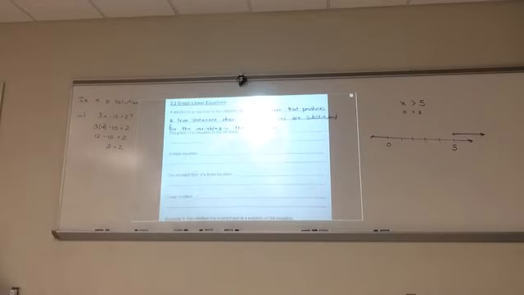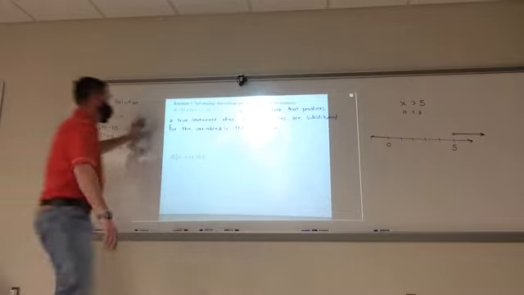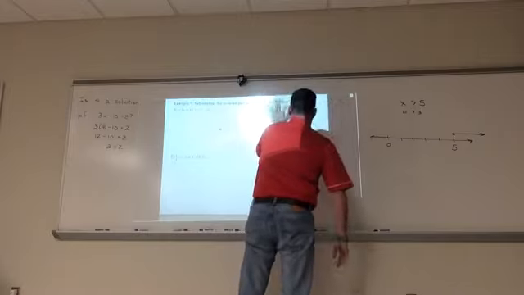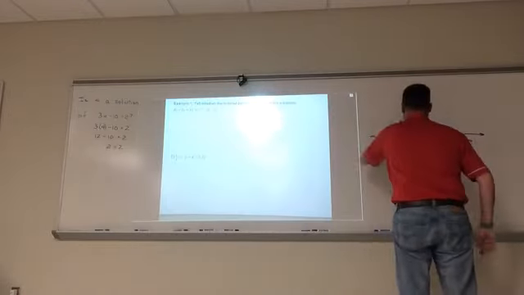So, let's slide right down to example number 1. Okay? So in example number 1, it asks, tell whether the ordered pair is a solution of the equation. Okay, so here's what's different than the previous problem. In the previous problem, they asked if a number was a solution.